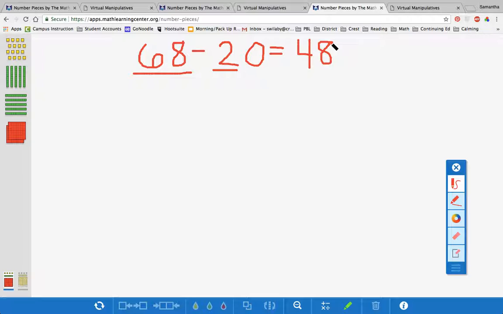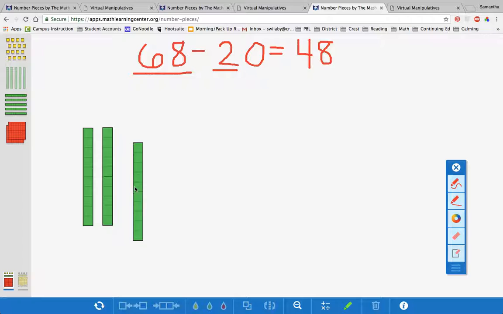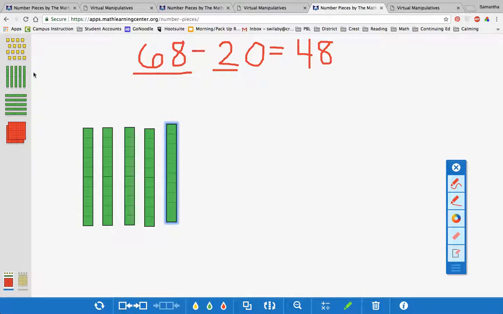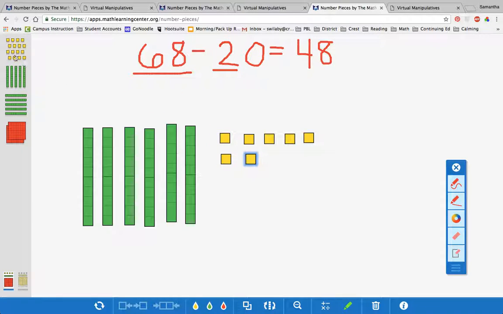Again, good mathematicians always have multiple strategies to check themselves, so let's check with the base 10 blocks. 68, so 10, 20, 30, 40, 50, 60, 61, 62, 63, 64, 65, 66, 67, 68.